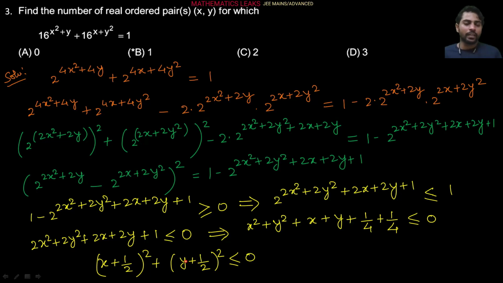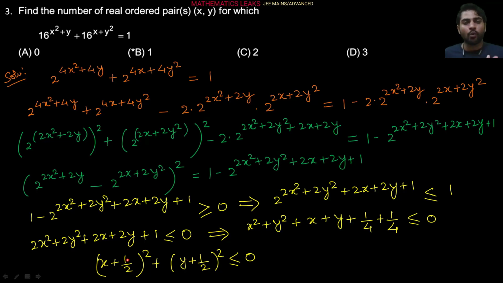So from here you can observe the sum of squares of two quantities is less than or equal to 0. Is it possible ever to be less than 0? No. So the summation of these two quantities being less than 0 is not possible, which means the summation can be equal to 0, if this quantity itself is 0 and this quantity itself is 0.